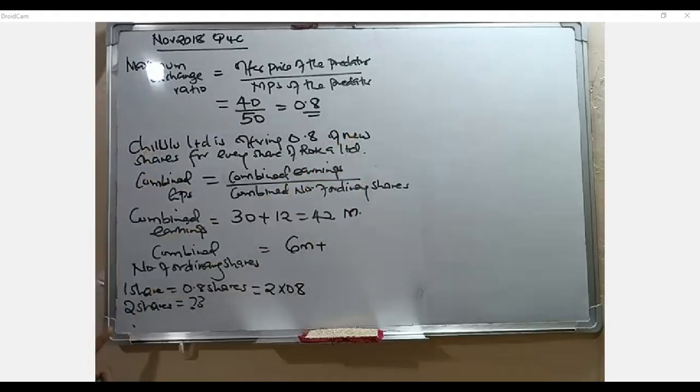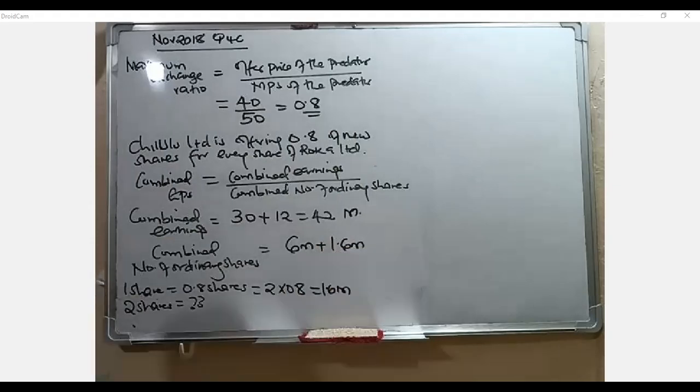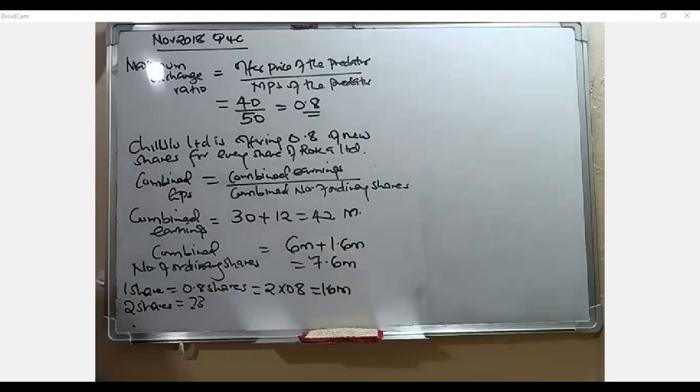This translates to 1.6 million shares. So we add 1.6 million, and the combined number of ordinary shares is 7.6 million.